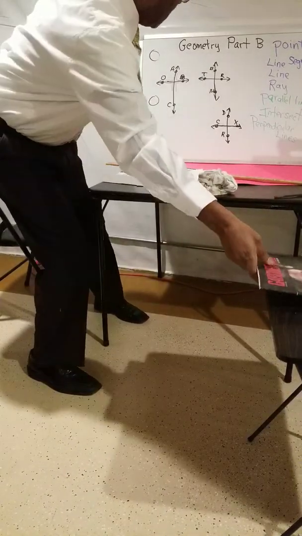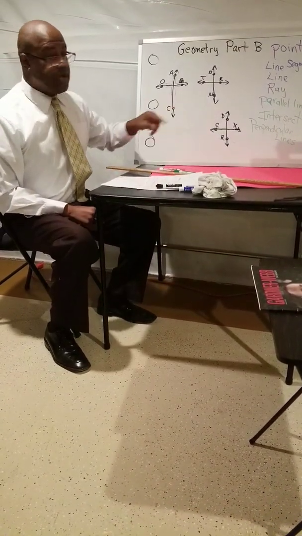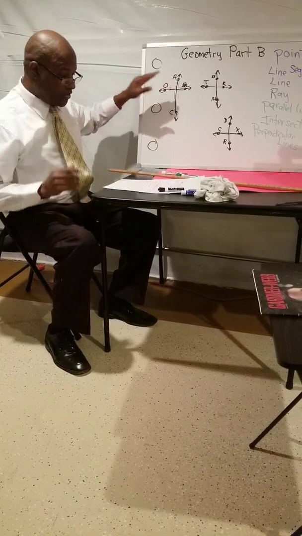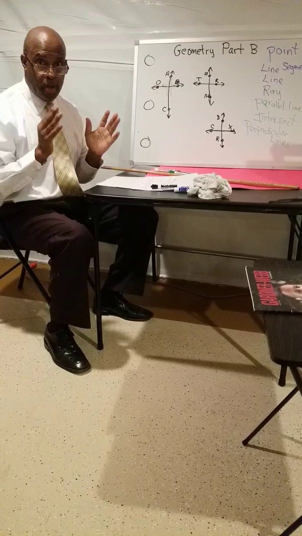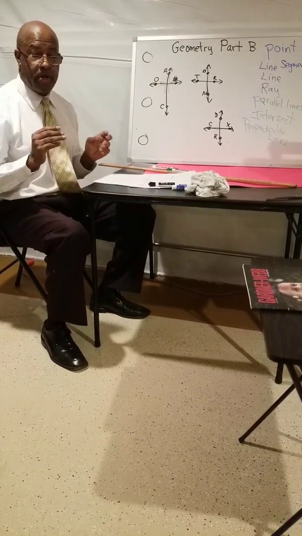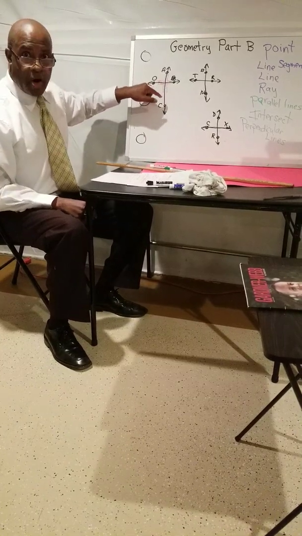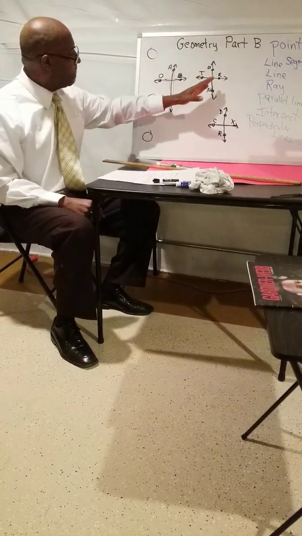Bye. Okay. Now, intersect. We're talking about lines that cross, and they all cross at a certain point. We're going to get to that specific point a little later on because that's very important. These two lines cross or touch, looking like a lowercase t.